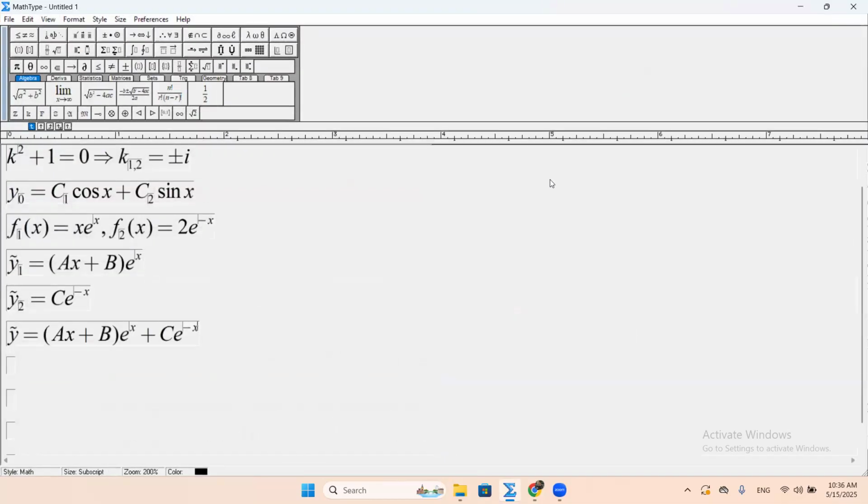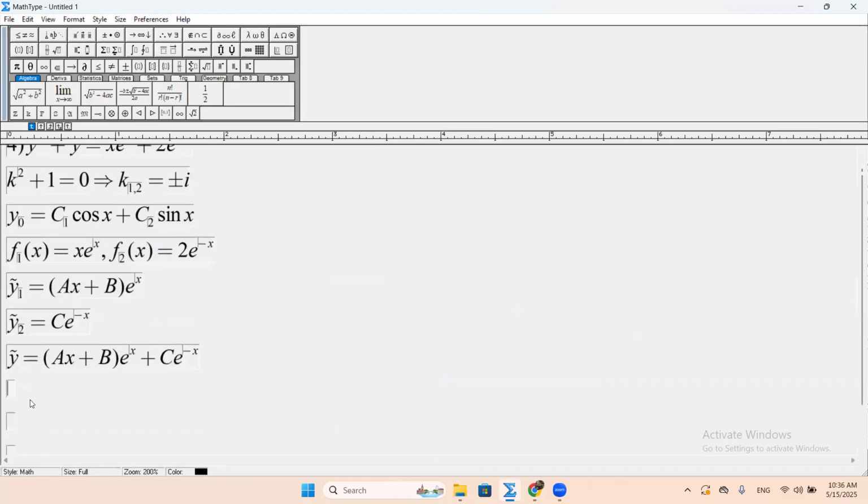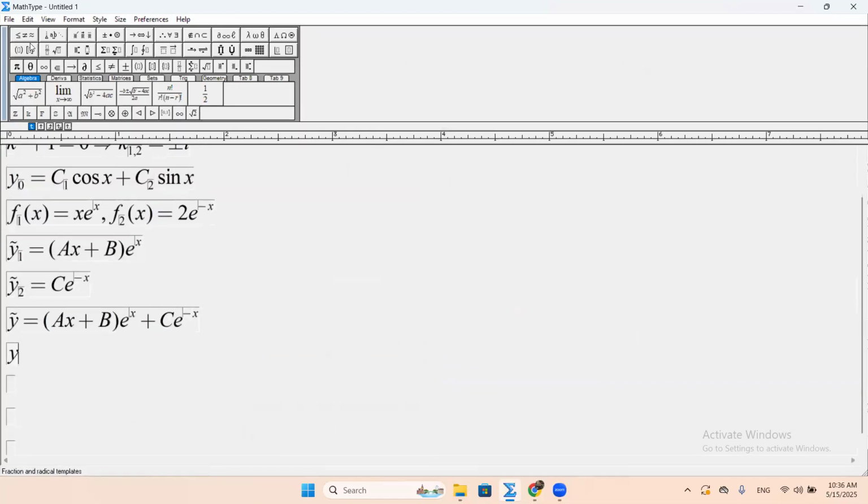So now let us differentiate this partial solution, and now we will do as we did before. y prime with wave equals ax plus b plus a, times e to the power of x, and minus c e to the power of minus x.